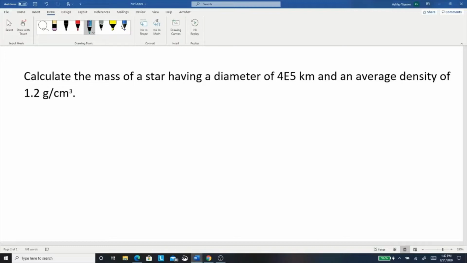So first things first, let's go ahead and convert this kilometers to centimeters. So we have 4 times 10 to the 5th. I also want to stress that when you see E to the 5th, or you might see EXP or EE, all of these mean the same thing as saying times 10 to whatever power.